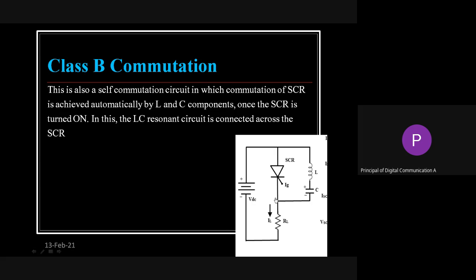As the reverse voltage comes across the SCR, it will become off. So this is the working of class B commutation, by using the commutating components L and C.